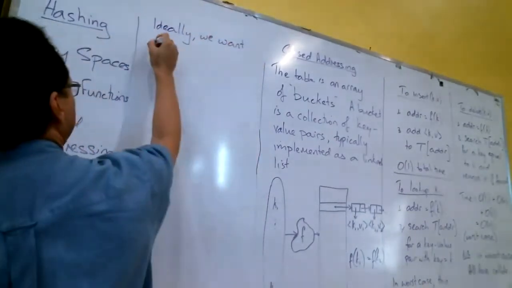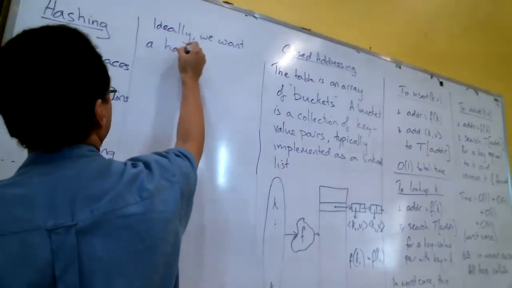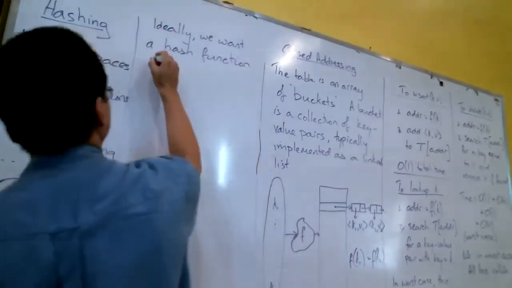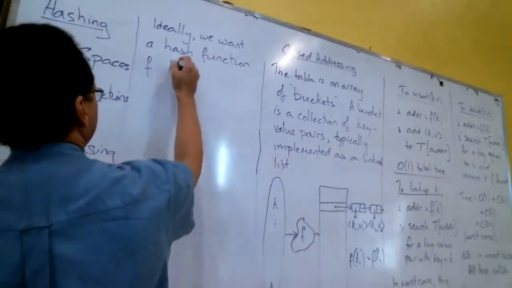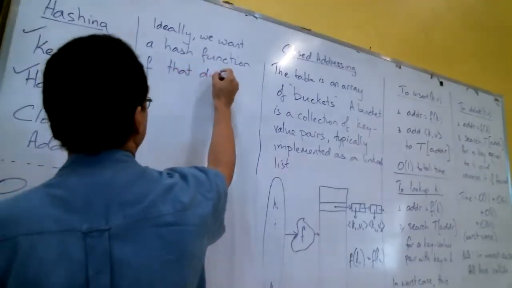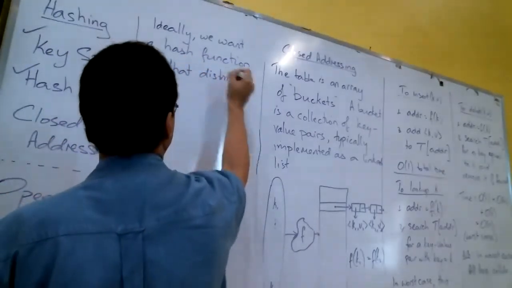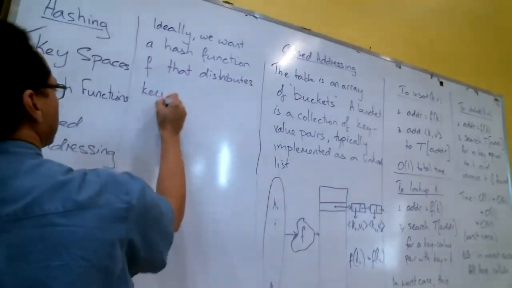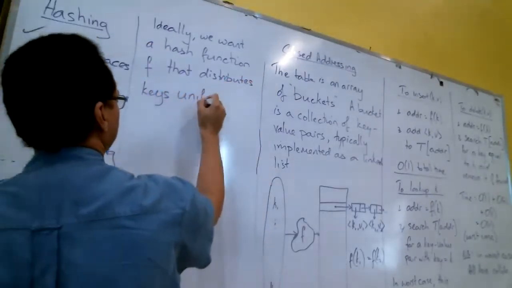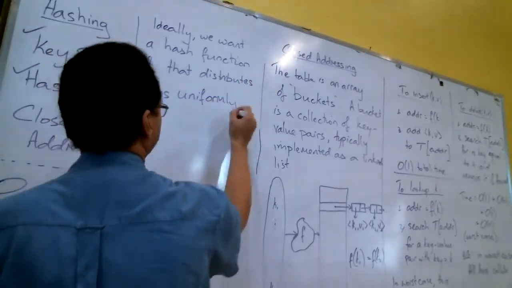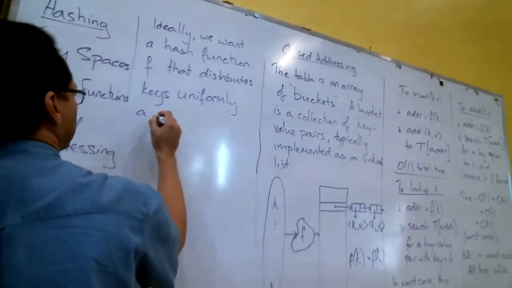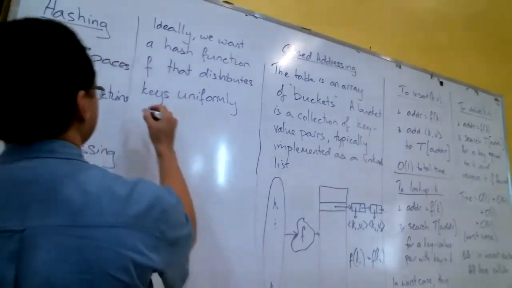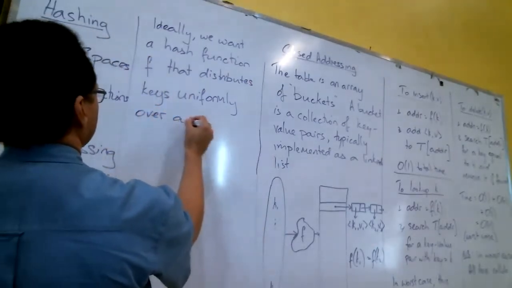So ideally, we want a hash function f that distributes keys uniformly over addresses.